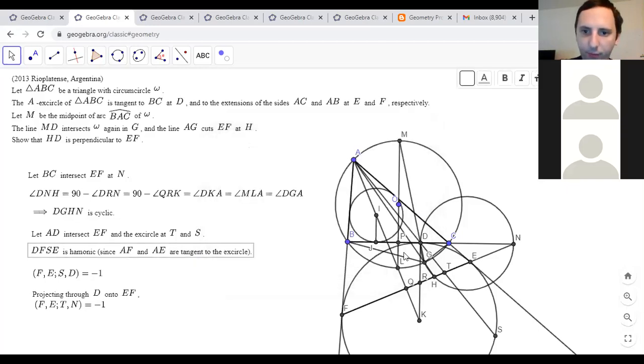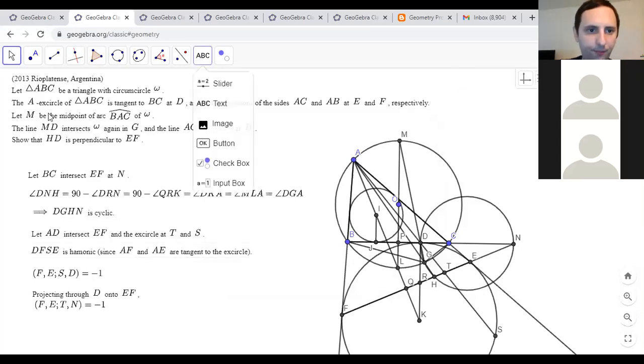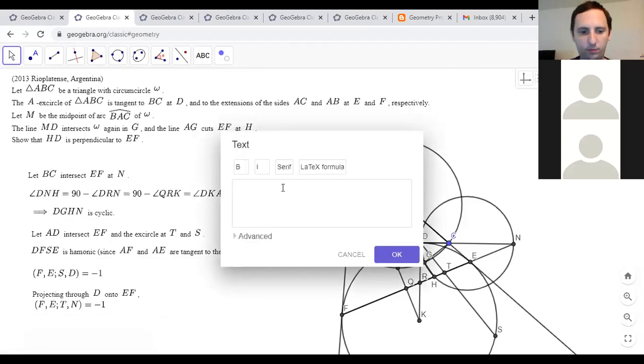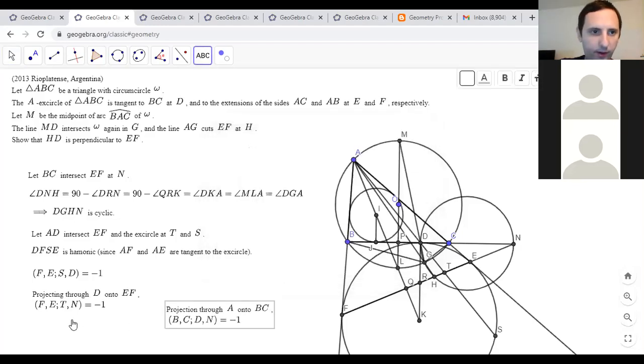And then projecting through A onto BC, we then have BCDN is -1, so they're in harmonic conjugation. All right, I like that.